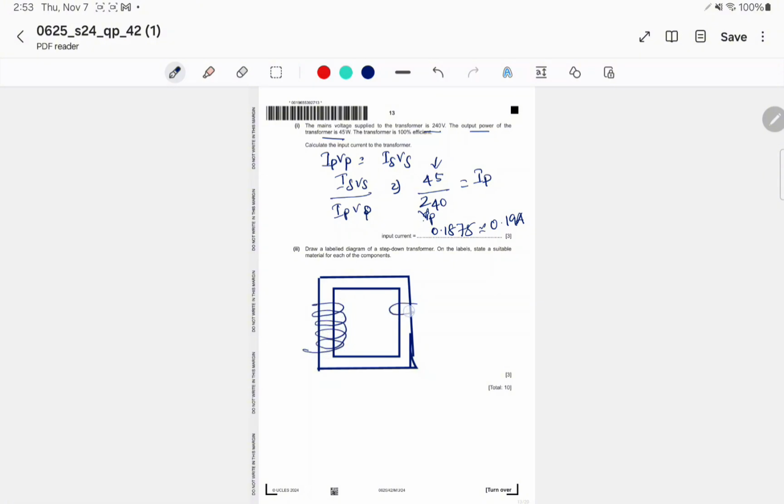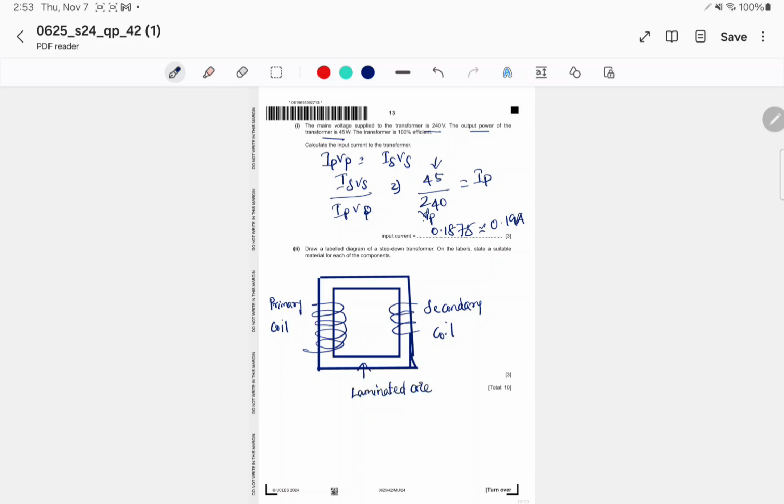For this side I'll make it less. This is the primary coil, this is the secondary coil. This is the input part. This is the laminated core.